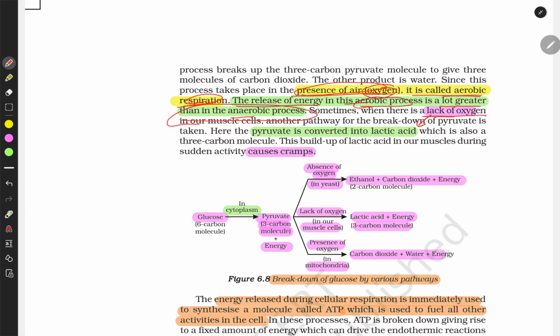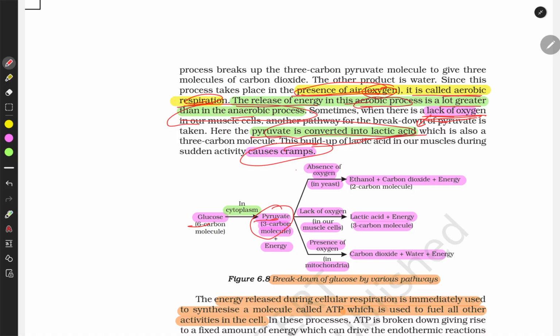And what happens in lack of oxygen? When there is no oxygen or lack of oxygen, the pyruvate is converted into lactic acid, and lactic acid causes cramps, muscle cramps especially. So the 6 carbon molecule glucose converts into the 3 carbon molecules of pyruvate.